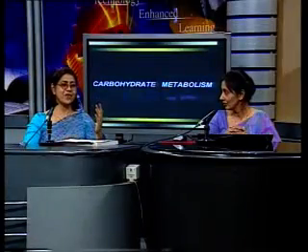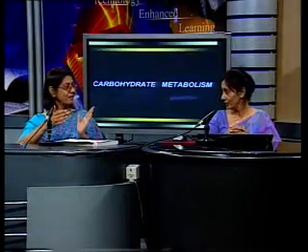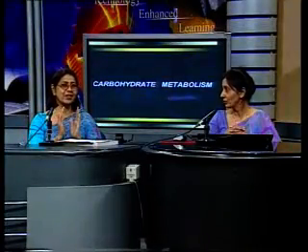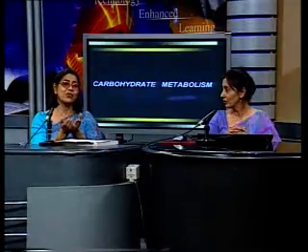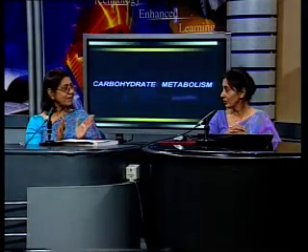So yes, Geeta, you've given us a good idea about starting from glucose, how it is broken down to release energy, and we have given the energetics or the total amount of ATP released at the end. But I believe this is not the complete breakdown.